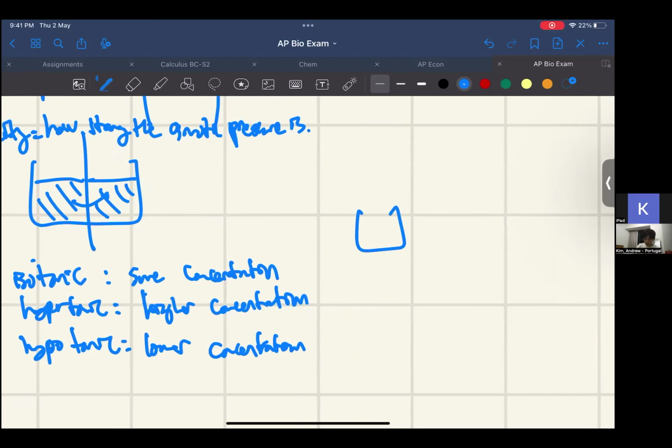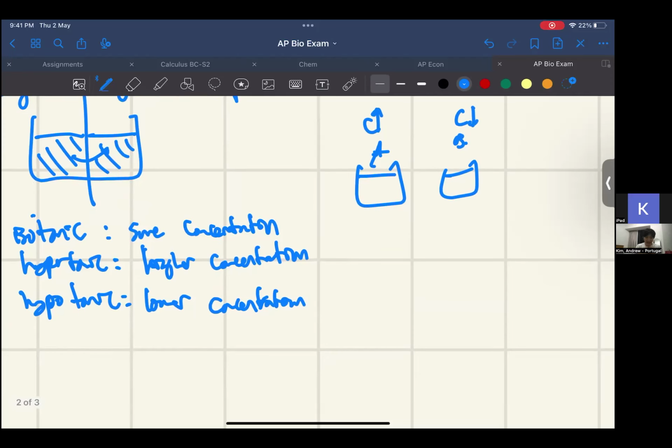So if solution A is hypertonic compared to solution B, it means A's concentration is higher than B. That means B's concentration is lower than A, meaning that B would be a hypotonic solution, right? If A is isotonic compared to solution B, it means A and B's concentrations are the same, meaning that B would also be isotonic compared to solution A, right? So it's a comparative characteristic.